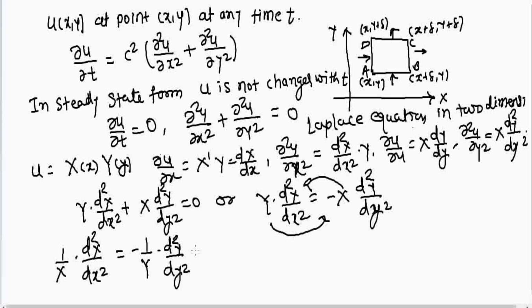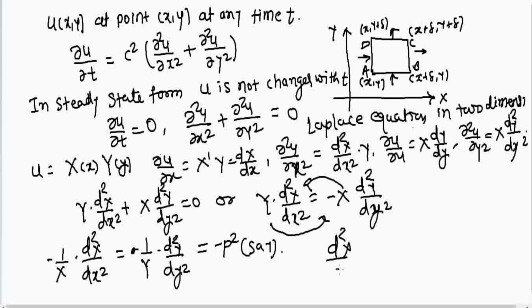So we have this value. Now we equate this with a constant, minus p square, say. If we equate this, we have two different equations.